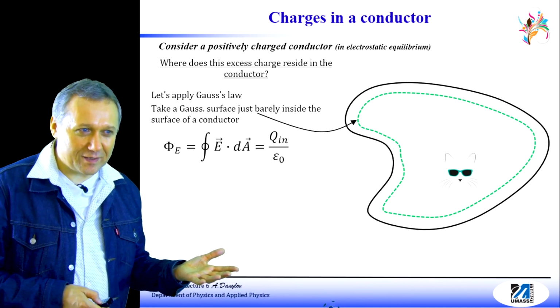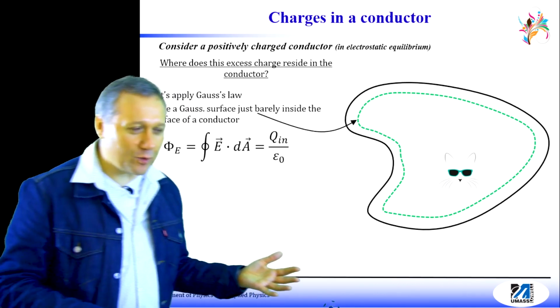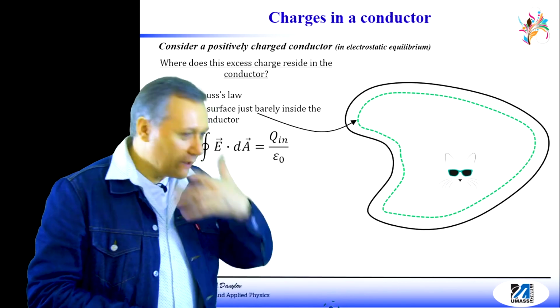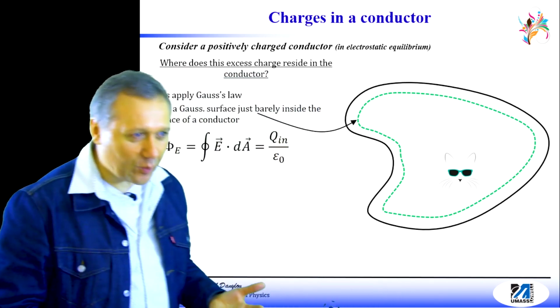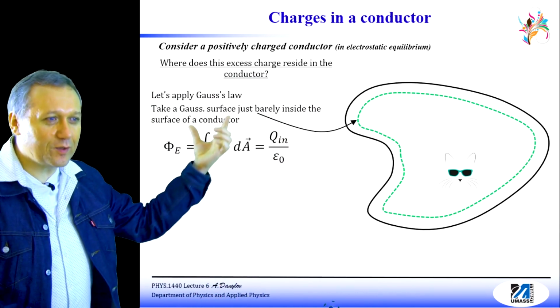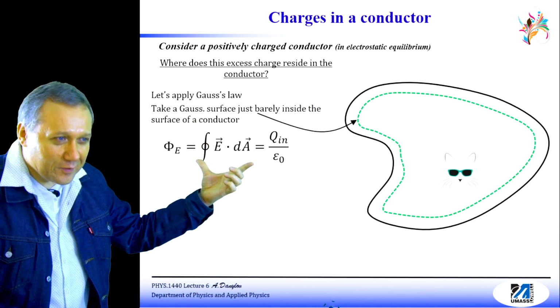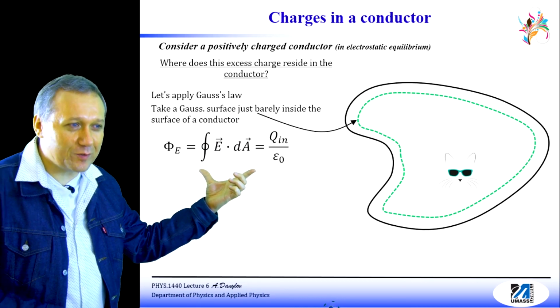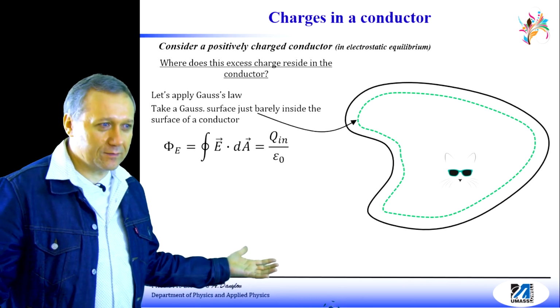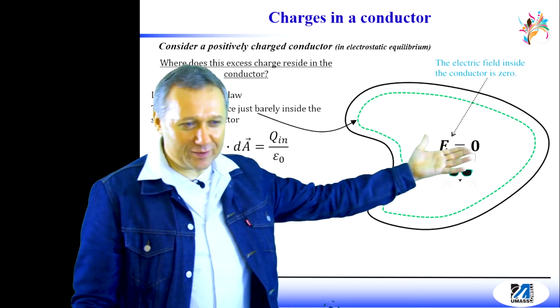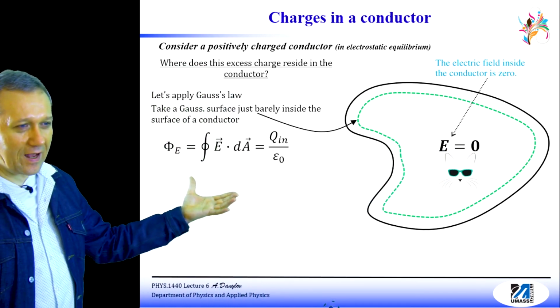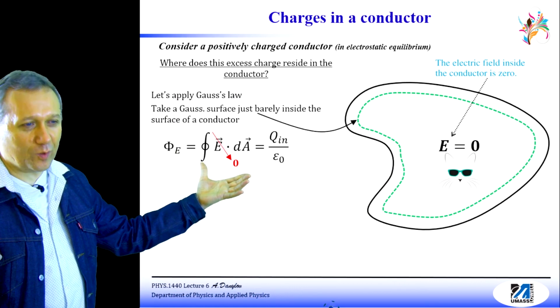It's zero. Electrons stop running, so their job is done. They managed to reach their goal. Electric field is zero. So if the electric field is zero, the value of the electric flux will be zero because you integrate over the surface where there's no electric field. So our flux must also be zero.